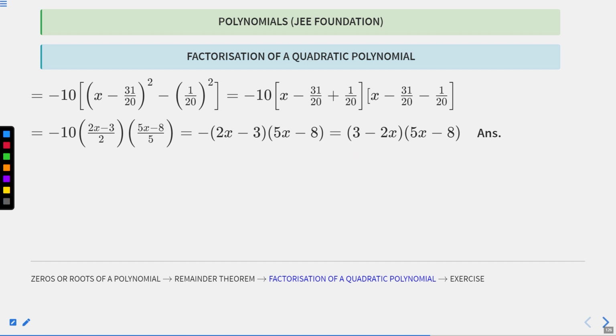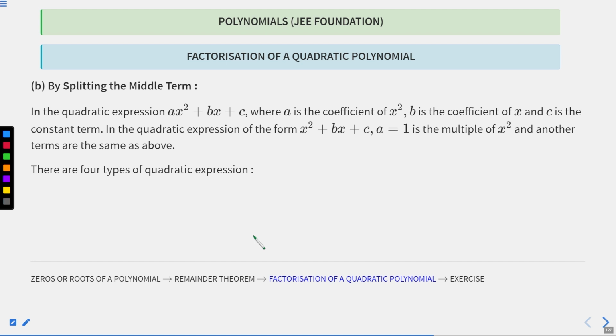If you put x equal to 3 by 2, you will get p of 3 by 2 equal to 0, and the same goes for x equal to 8 by 5, so p of 8 by 5 is also 0. So I'm just using the factor theorem over here. Okay, let's move to next.